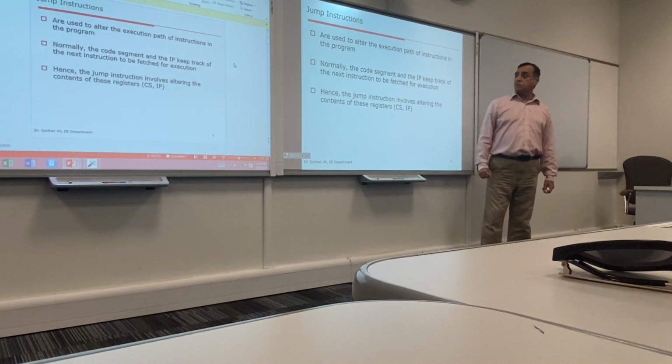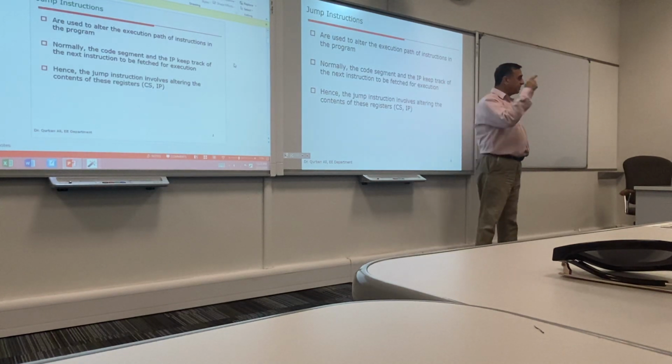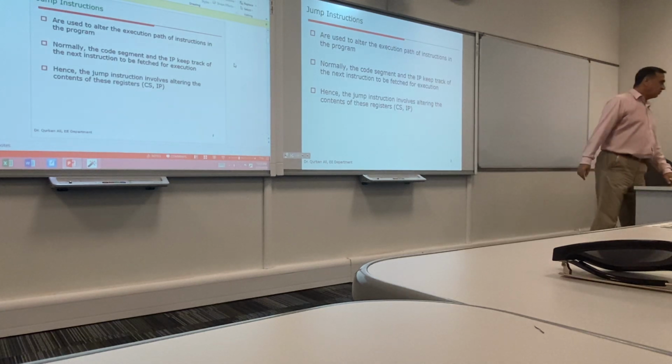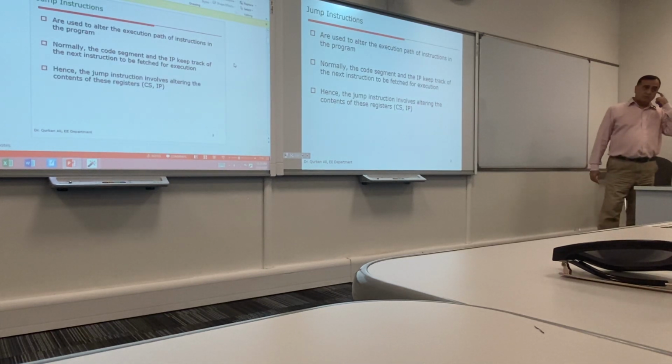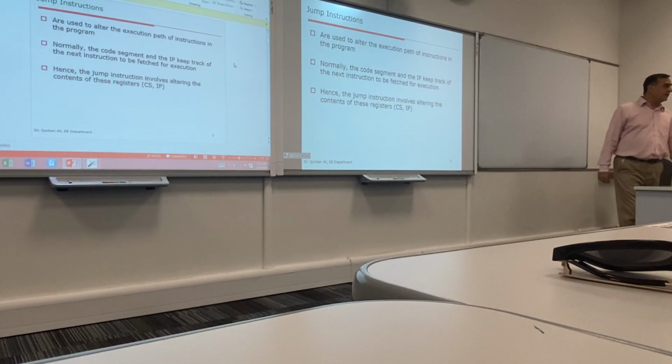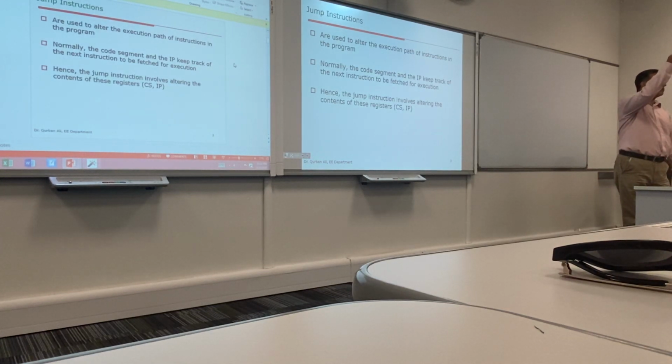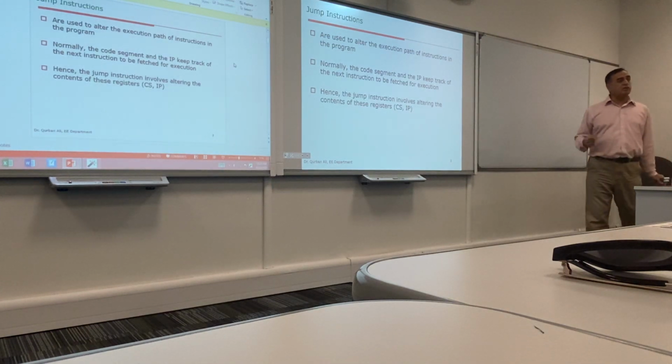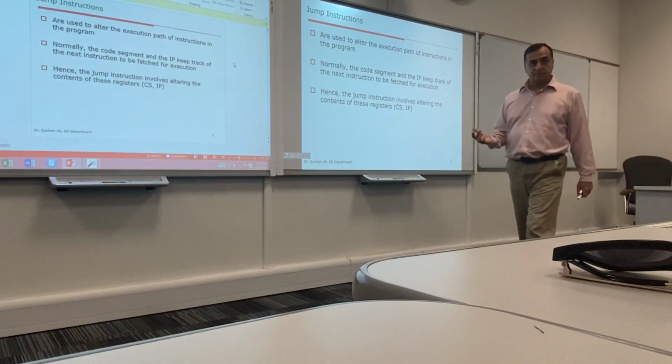So we will start first with jump, which you have seen before, but now we will do it in detail, like in the category. So what is the jump saying? The jump says go from one instruction and skip a number of instructions and go to the target. But now what happens when there is a jump?